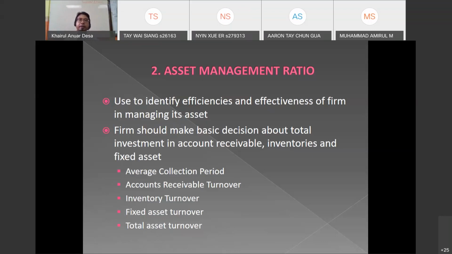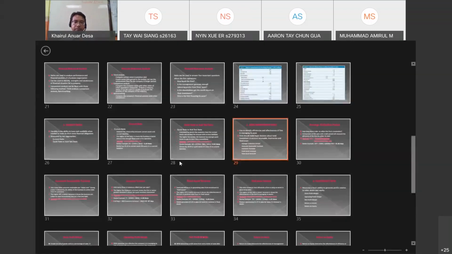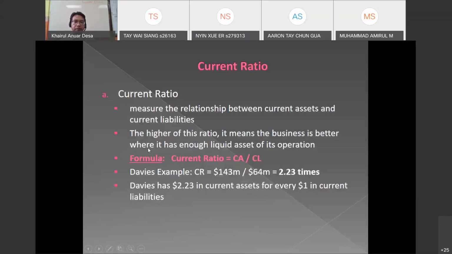In the last meeting, we discussed the current ratio, here the current ratio is 2.23.